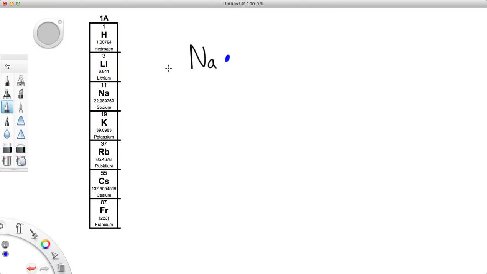If we look at a neutral sodium atom, the atomic number 11 means it has 11 protons, and the atomic mass is roughly 23. So how many neutrons does it have? 11 plus neutrons equals 23. Well, 11 plus 12 equals 23, so it has 12 neutrons.